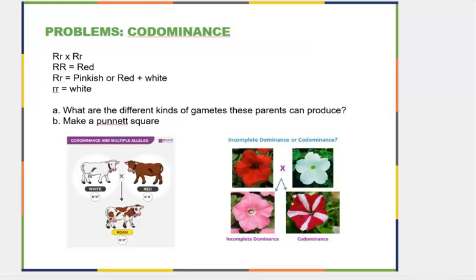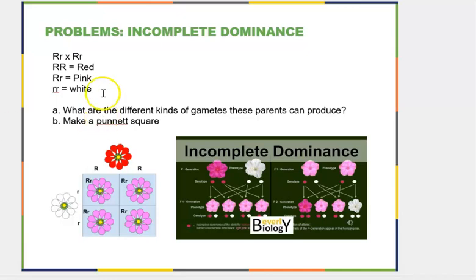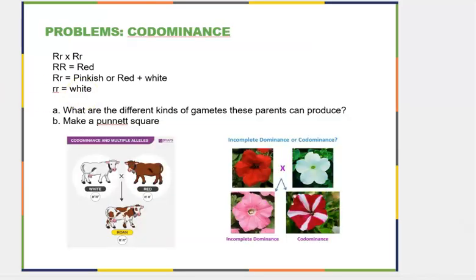Still a monohybrid cross. Incomplete dominance is there's just not enough to make red, but there's enough that it's not white. Codominance is it produces both. It's not brownish, it's like a cow that produces both the red and the white.